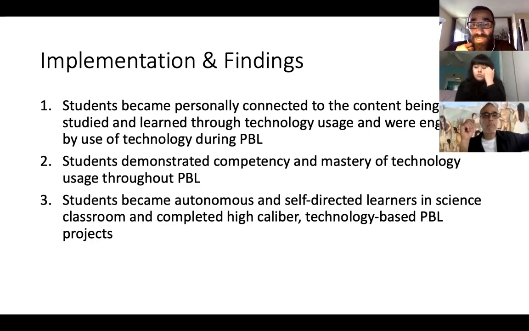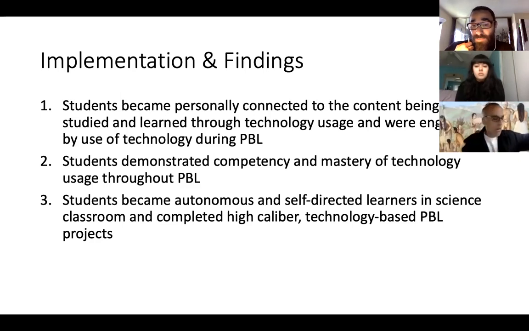They also learned how to use apps and taught each other how to use these apps. And so my last major finding was that students became autonomous and self-directed learners in my class because they were teaching themselves. From doing participant observations, I would hear students telling things to each other like, yeah, I've done projects like this. Let me show you how to do this.